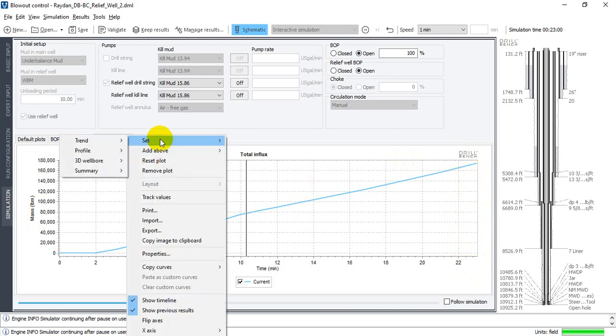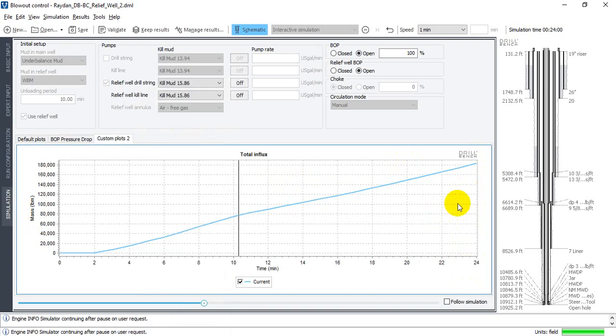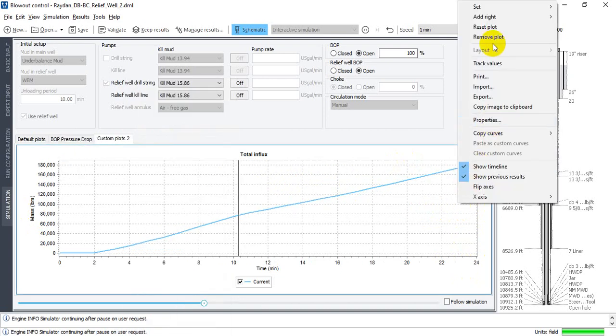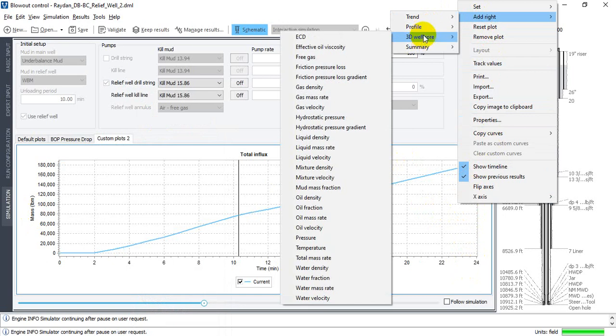I can add or write here, add right, and add the 3D for this total influx.